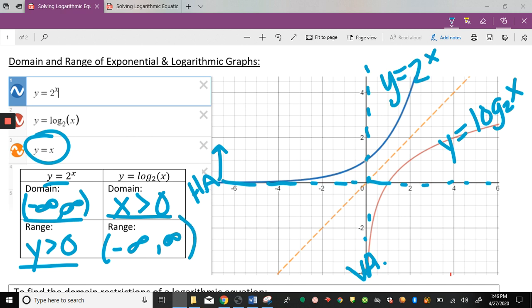So the thing I want to focus on is, excuse my dog, the domain here for log functions, because once we get into the equations, we're going to have to talk more about those. So anytime you're taking the log base b of something here, what must be true?